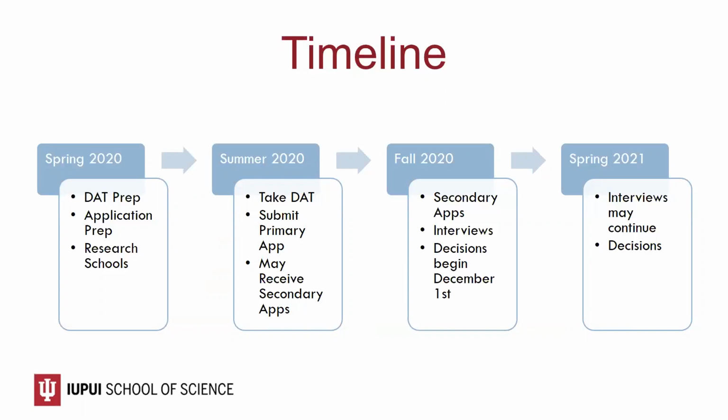This is also where schools will begin inviting students for interviews and conducting interviews. No schools will provide decisions before December 1st. However, interviews and decision notifications may continue to be made following December 1st and into the spring semester.